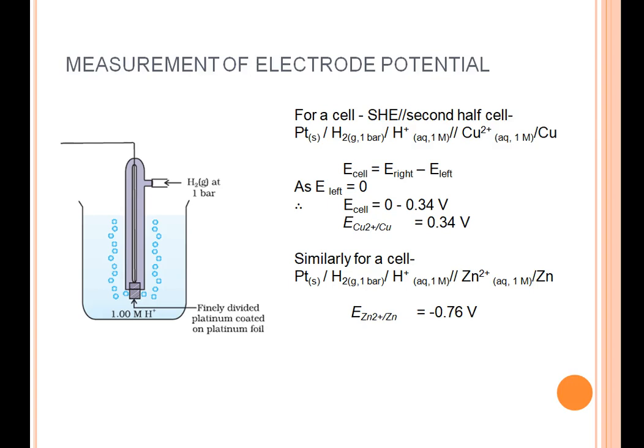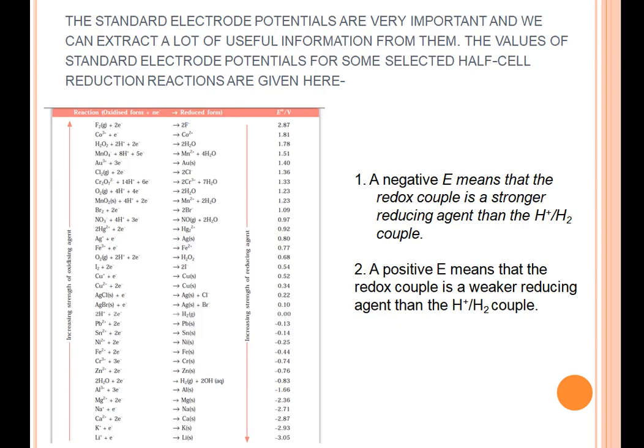In a similar manner, we can calculate the electrode potentials of different electrodes. These electrode potentials of different electrodes have been put in a tabular manner and this table is called the electrochemical series.